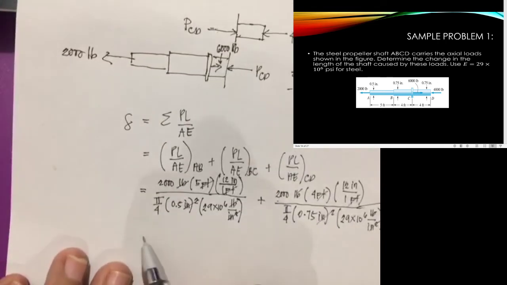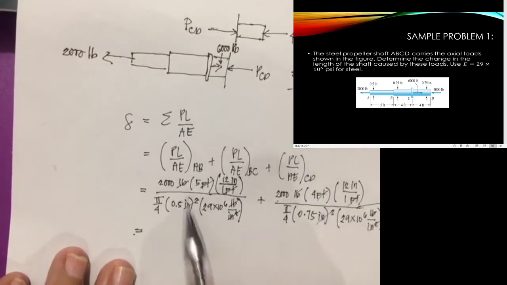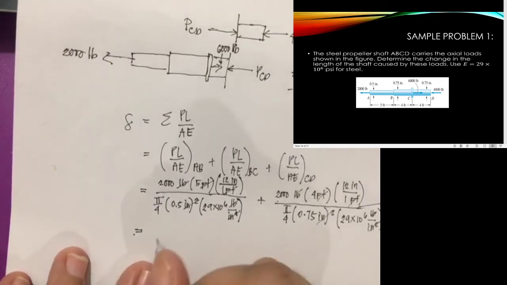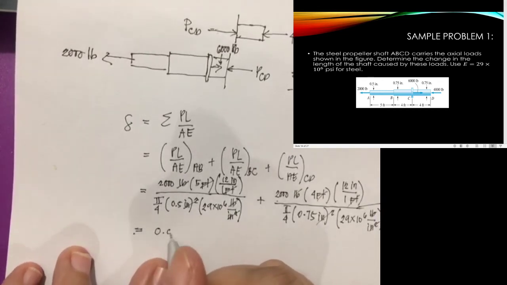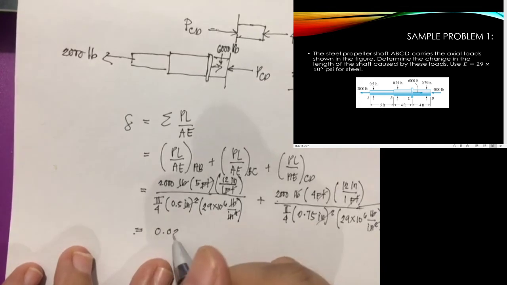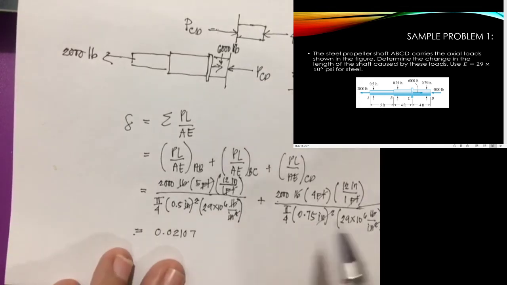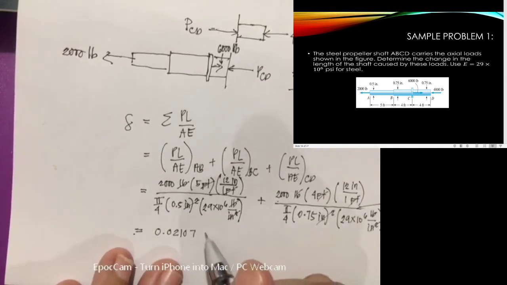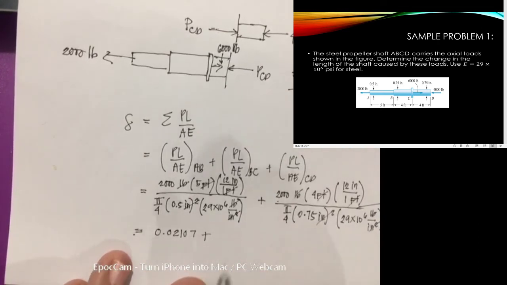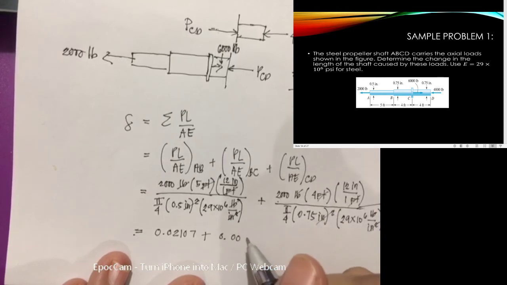So, the deformation of AB, you will arrive at 0.02107. For BC, we have 0.007493.